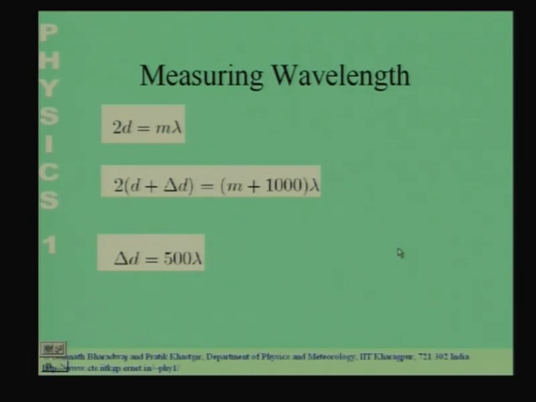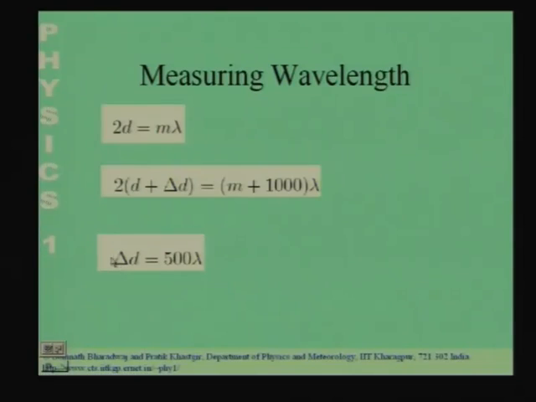So, you can use this to measure the wavelength of light. We had discussed this in some detail in the last class. What you do is you move one of the mirrors so that you get, let us say, 1000 new fringes at the center, and you measure the distance that you have to move one of the mirrors to get 1000 new fringes.